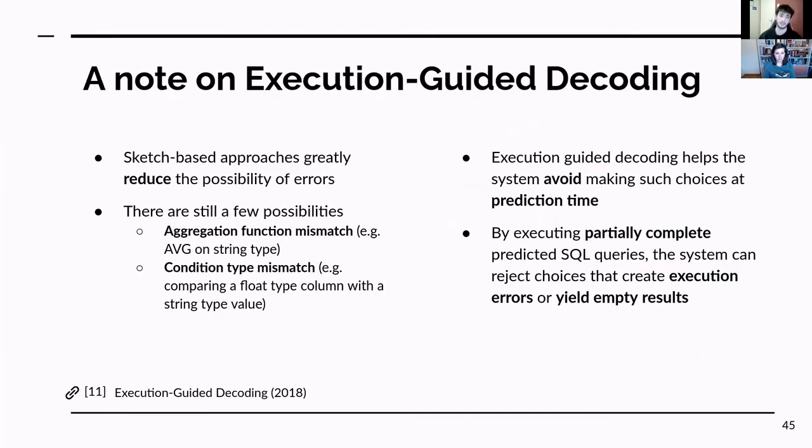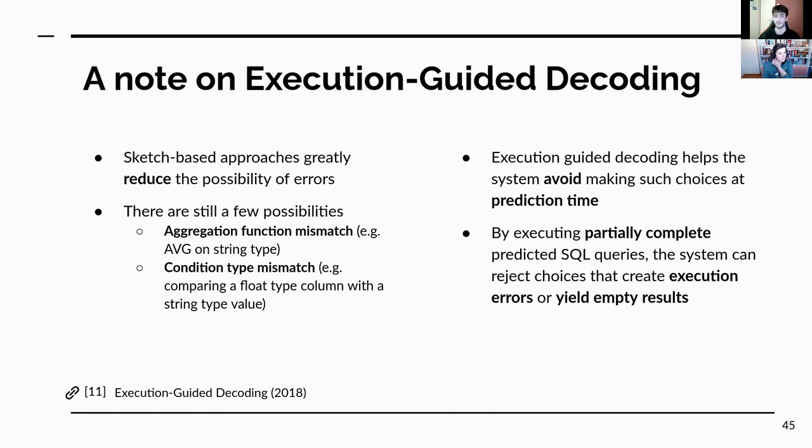Now, as we said earlier, sketch-based approaches greatly reduce the possibility of errors, but there's still some possibilities to produce semantically incorrect queries. And this could happen, for example, if we have an aggregation function mismatch. So, for example, if we tried to apply the average function on a string type column, we would get a query that is not executable.